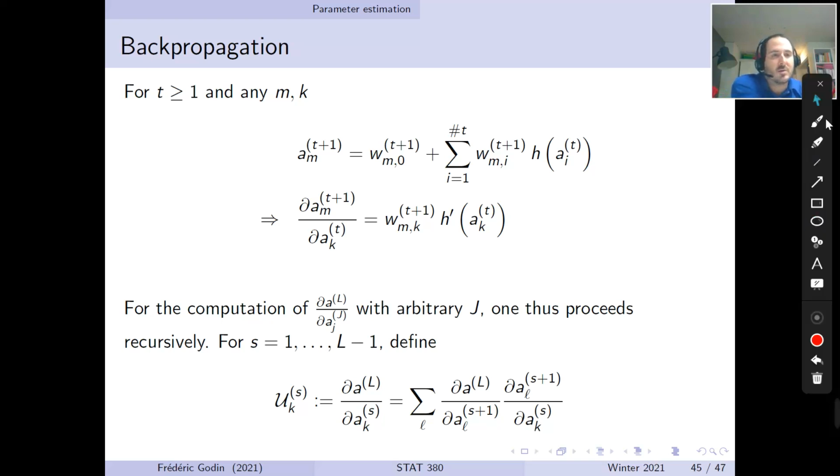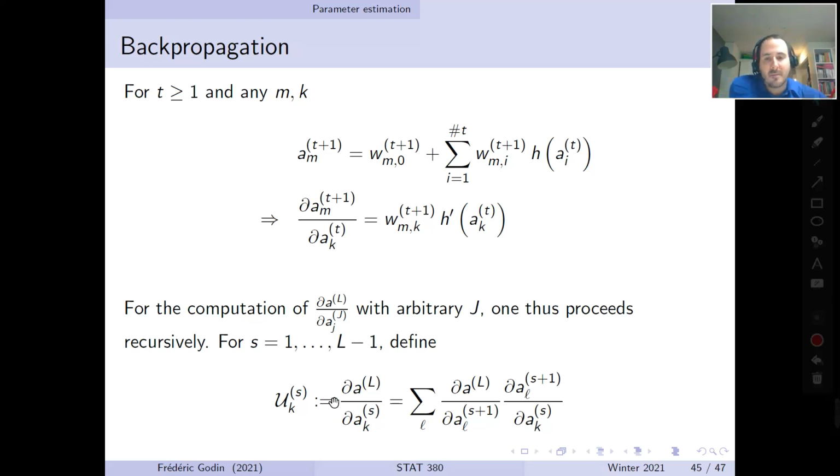So we can decompose this problem into finding the derivative with respect to an activation of the next layer, and this derivative of the next layer with respect to the current one.